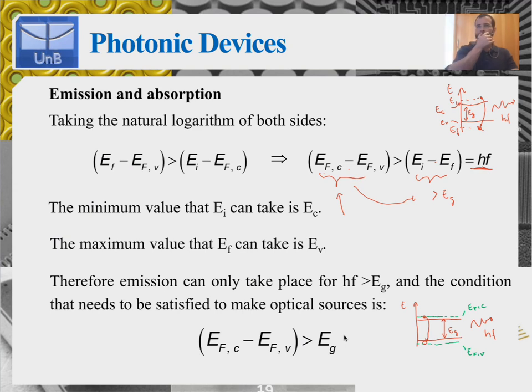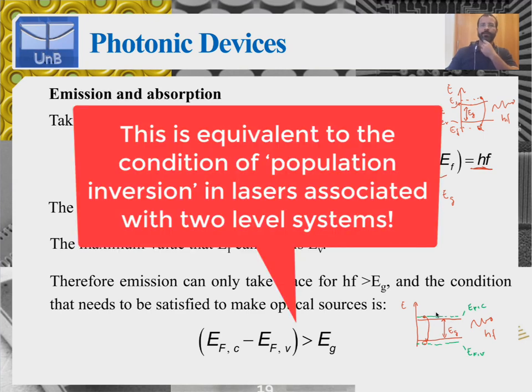And this makes sense because if the Fermi level associated with the conduction band is so high that it's inside the conduction band, this means there will be a very large number of electrons here. And if EFV is down in the valence band, this means there will be a very large number of holes here.